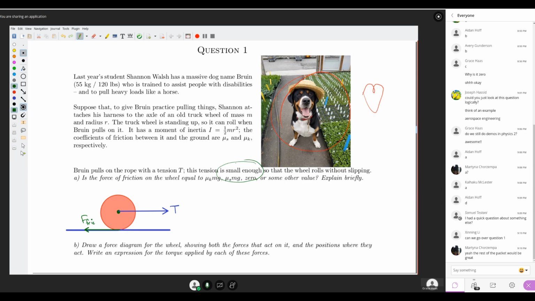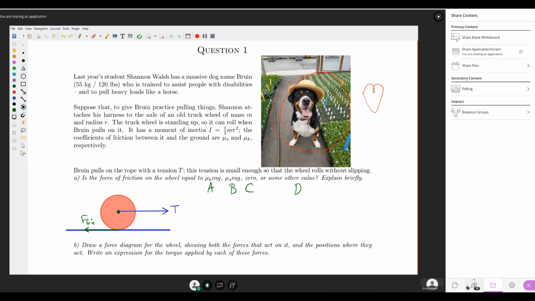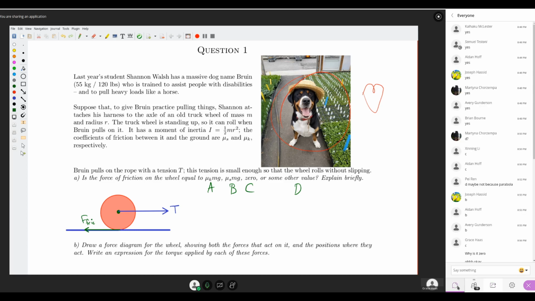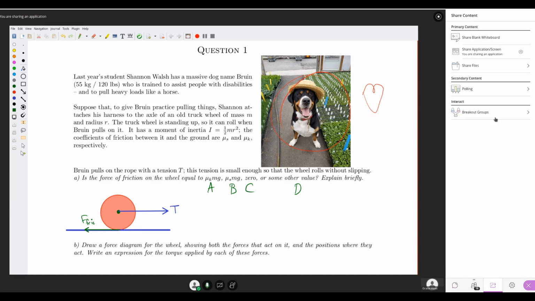So we've kind of got four choices. I'll label them A, B, C, and D. And I'm actually going to use the little poll thing. Oh, I can't do a poll and still share this at the same time. Yes, I can.